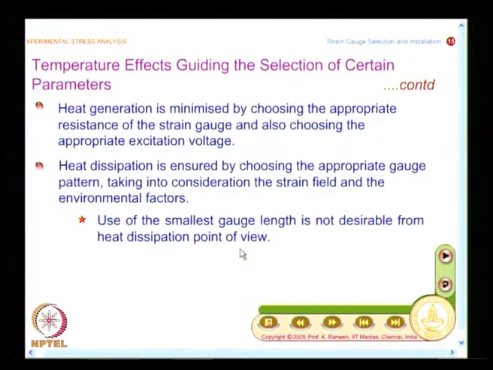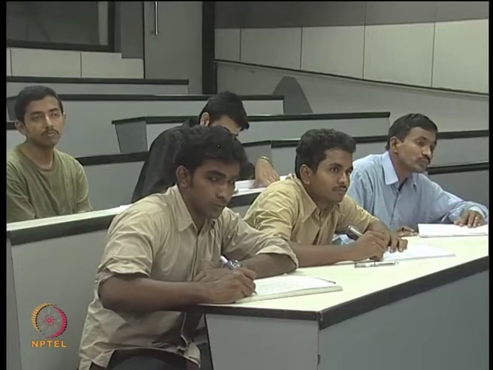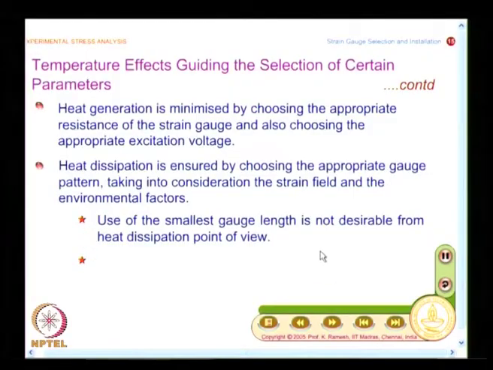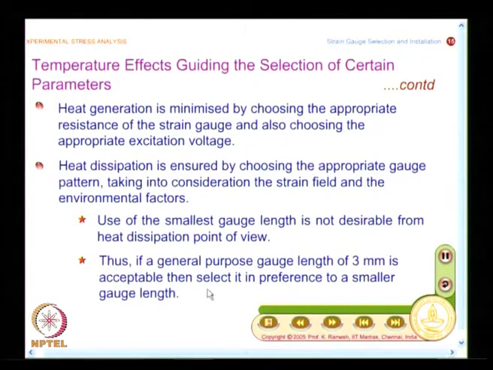So, you may be tempted: I want to do strain measurement at a point of interest, so let me go and select the smallest gauge length possible. That kind of an approach is not good when you look at heat generation and heat dissipation aspects. So, if a general purpose gauge length of 3 millimeter is acceptable, select it in preference to a smaller gauge length.